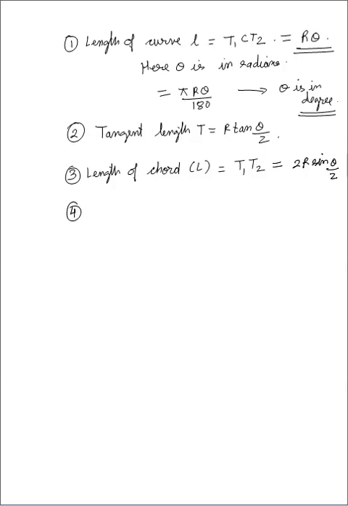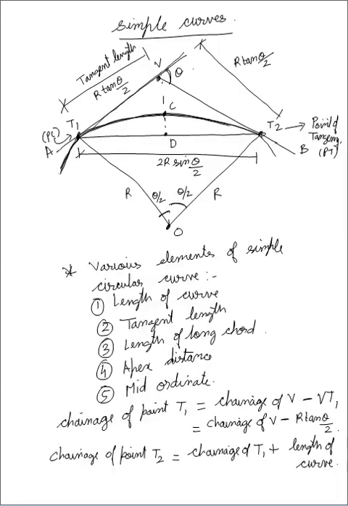Next is your apex distance, or external distance. Sometimes in some books they have written external distance E is equal to, now external distance you can see from the figure, this point C which is on the top. So C to V, CV is your external distance or apex distance.